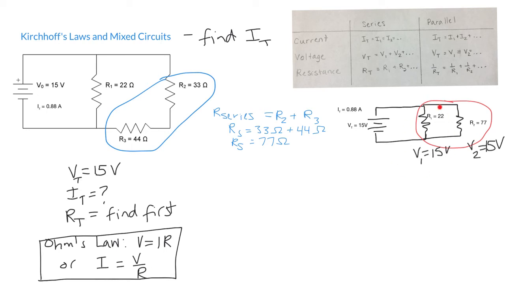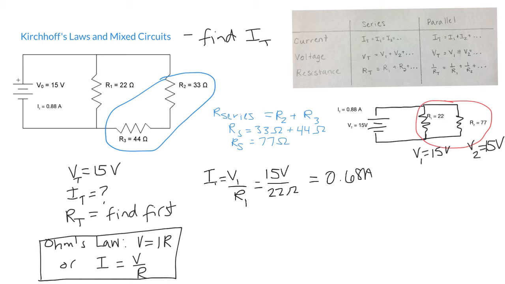So for each of these, I'm just going to take my I is equal to V divided by R. So for resistor 1, I is equal to V over R. And if you do that, you'll sub in 15 volts and 22 ohms, and you should get, for that one, 0.68 amperes.